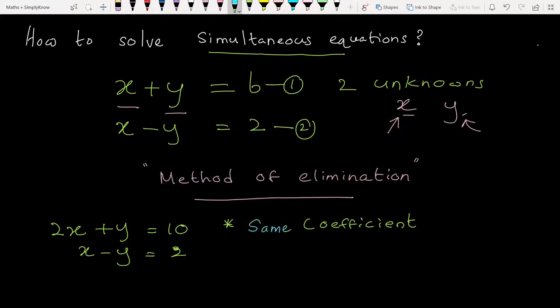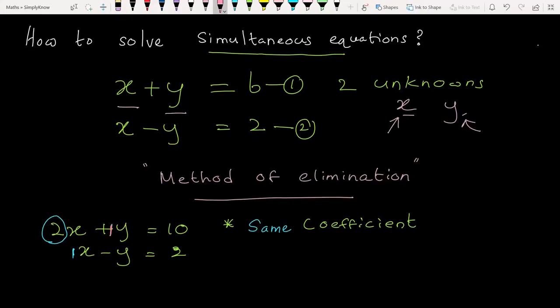Now, if you consider x in the first equation, the coefficient of x is 2. But in the second equation, the coefficient of x is 1. So, the coefficients of x are not equal. It's not the same. What about y? Here in the first equation, the coefficient of y is 1.